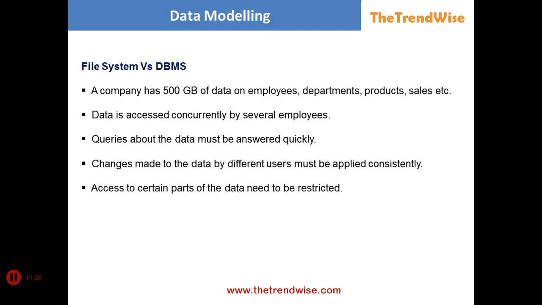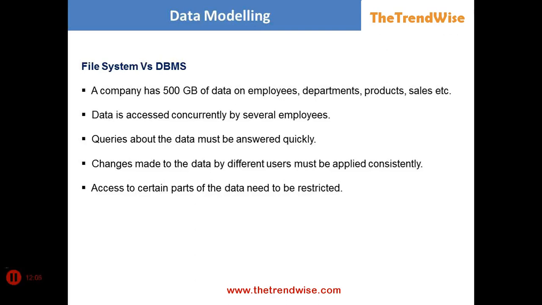Then whatever changes are made to the data by different users should be applied consistently. Now, in a file system, if one user applies something and the other user also applies something, as soon as they save, the previous user's changes may get lost. So let's say I make some change in the file system and the other user overwrites it, then what about the changes that I made?